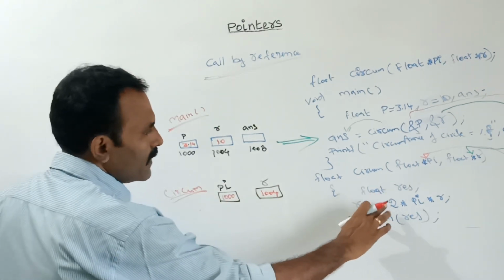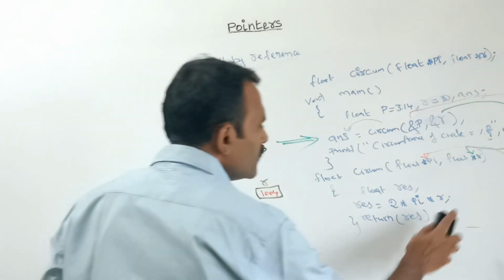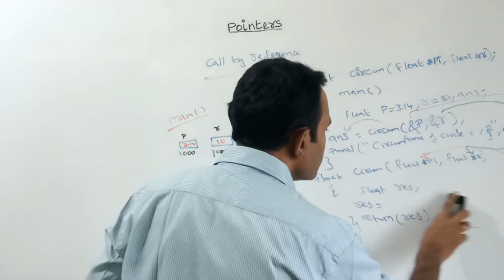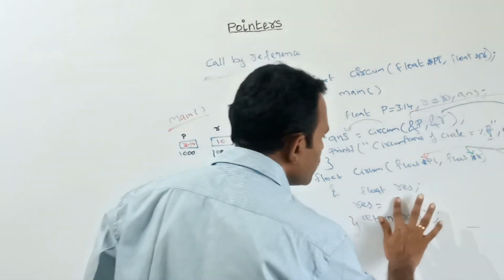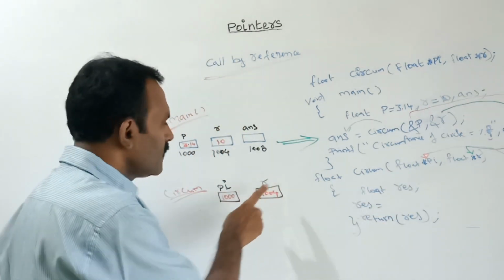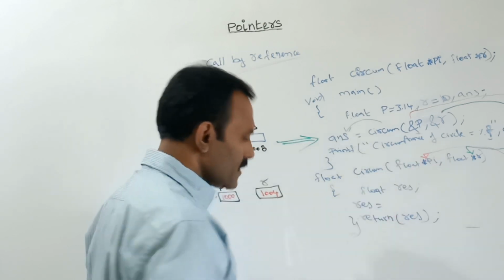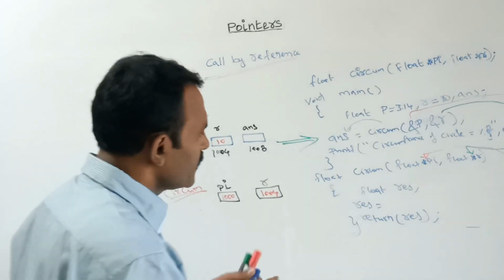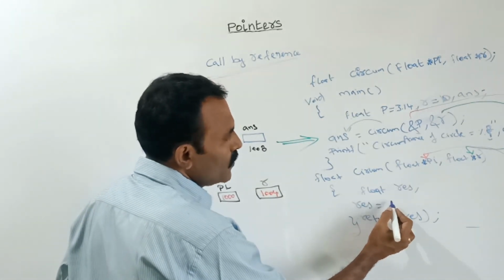Next, in this statement res is equal to, here the addresses were initialized to the variables pi and r. Now we are going to fetch the value at that address and multiply. What is the formula? 2 pi r.